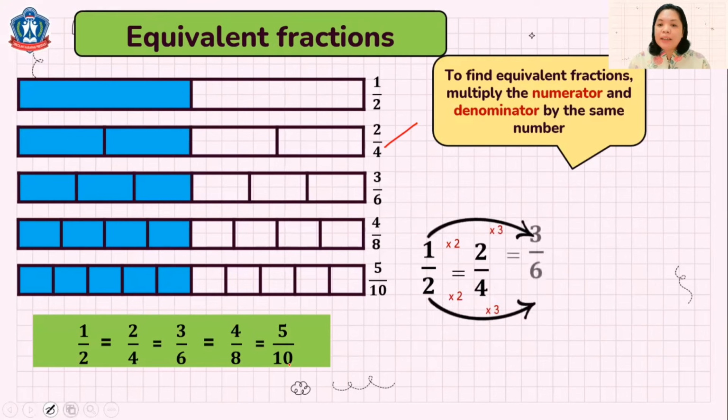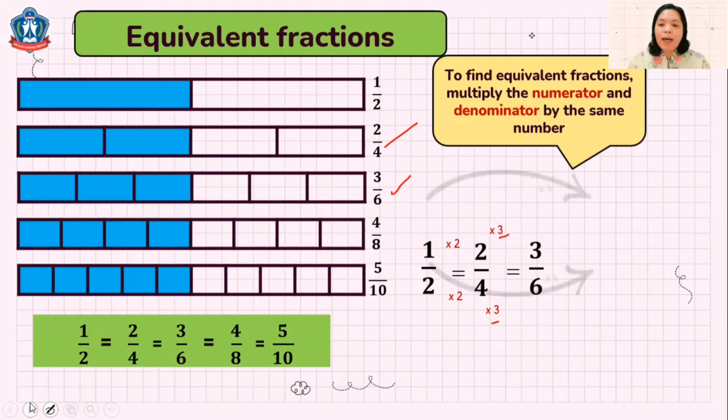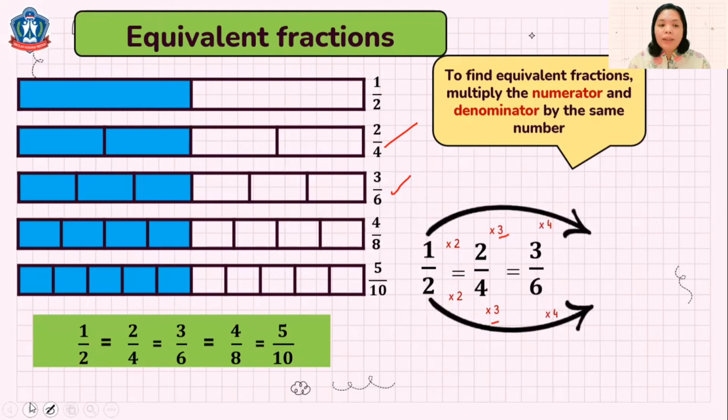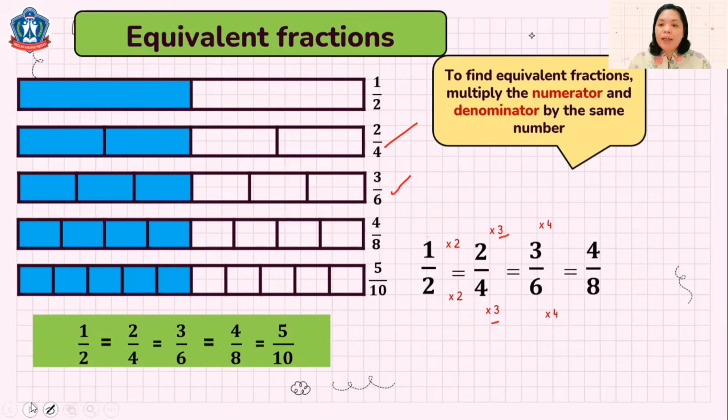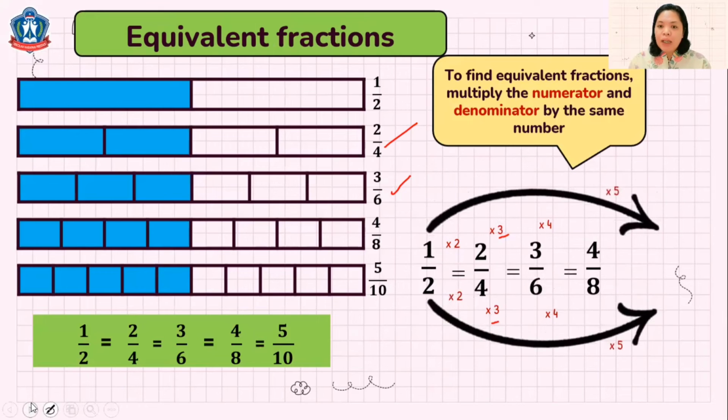Now, let's multiply 1/2 again by 3. 1 times 3 is 3, 2 times 3 is 6. So, 3/6. Next, let's multiply 1/2 by 4. 1 times 4 is 4, 2 times 4 is 8. So, 4/8. And the last one, let's multiply it by 5. 1 times 5 is 5, 2 times 5 is 10, and that is 5/10.